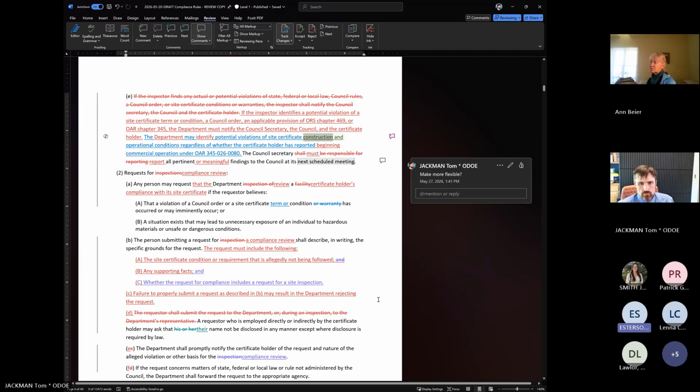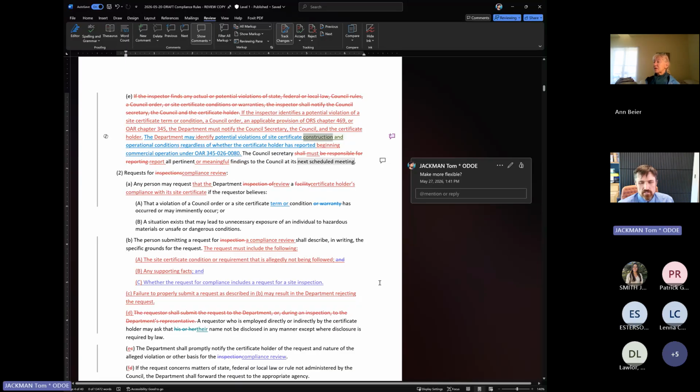So we want the ability to apply operational conditions to an operating facility, even if the certificate holder for their own purposes hasn't designated it. Our definition is, if you're generating power and making money from the power generation, then you're operating regardless of whether you're calling it commercial operation internally, if that makes sense. So we just want to be able to access applicable conditions in those scenarios.